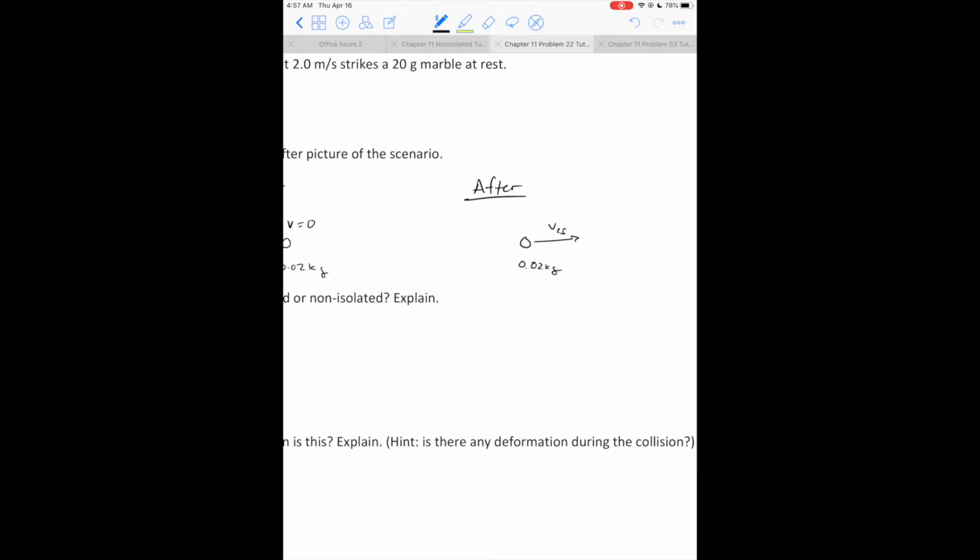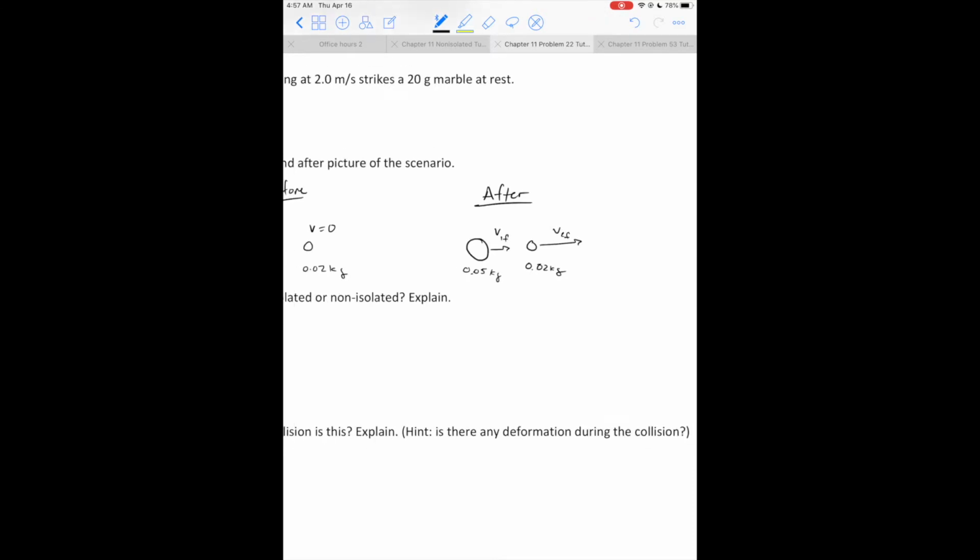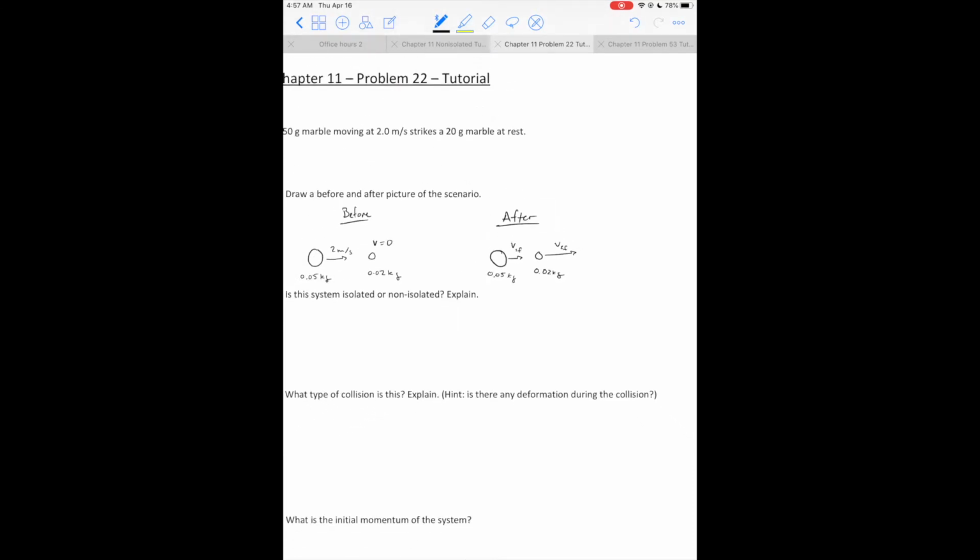And then I have my larger mass, and if you remember back in the very specific example of elastic collisions, that video lecture that I put up, since mass 1 is larger than mass 2, mass 1 is actually going to continue to move in the same direction, 0.05 kilograms, and we have V1F. So this is our before and after scenarios.